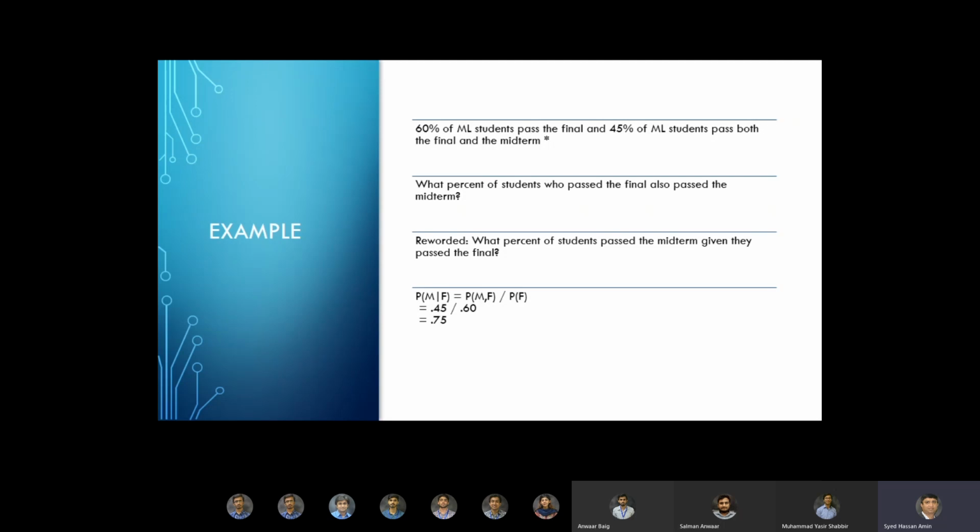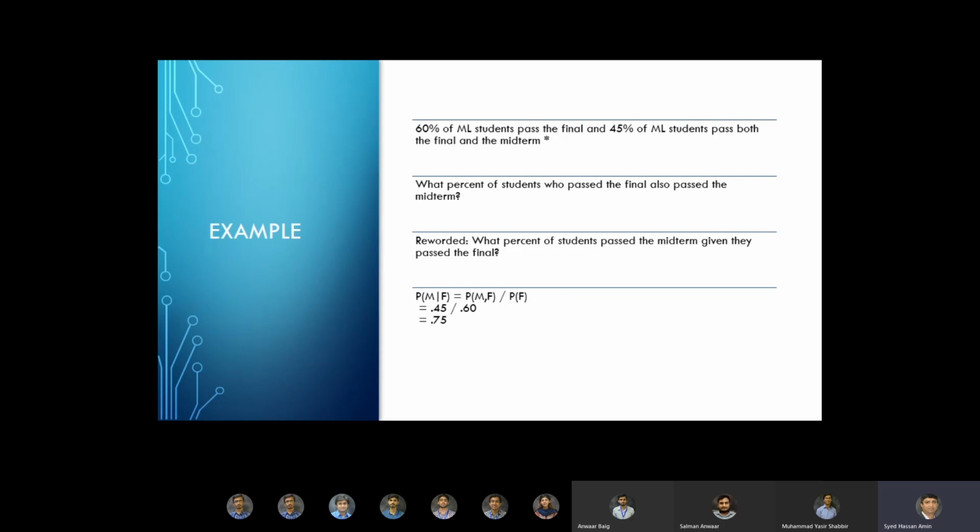So this is conditional probability. We are interested in probability of midterm given final. So we know that 60% of the students have passed the final exam. And we know that 45% of the students have passed both the midterm and final exam. But we don't know how many students pass the midterm exam given that we know that 60% of those students have passed the final exam.